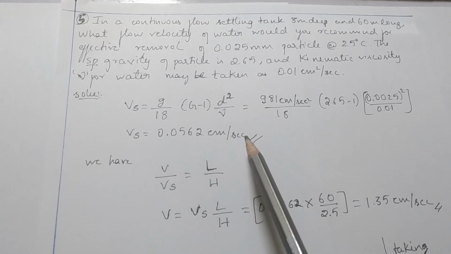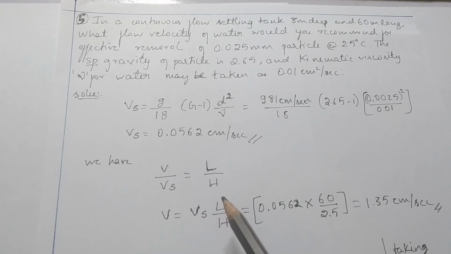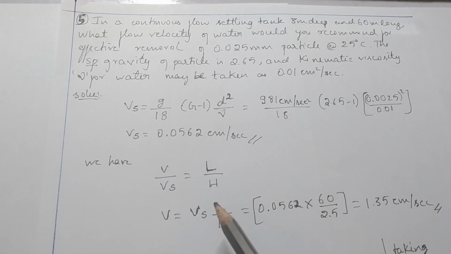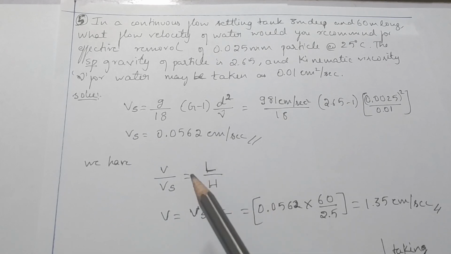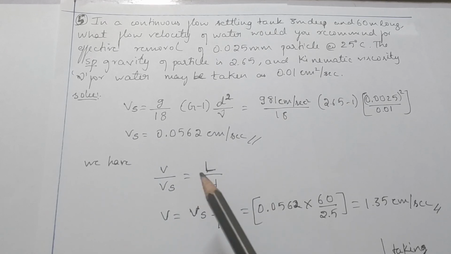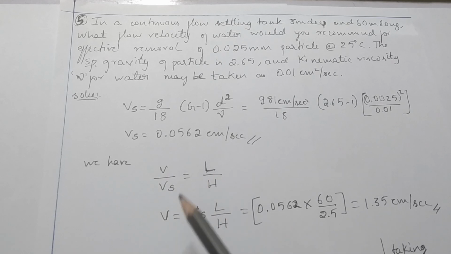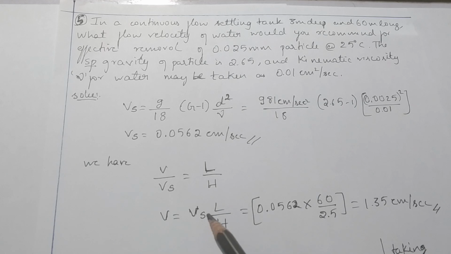0.05625 centimeter per second. You know this relation when the particle is 100% removed, that is V by Vs is equal to L by H. So considering this relation, we can find out the flow velocity by just knowing the settling velocity and length and height.